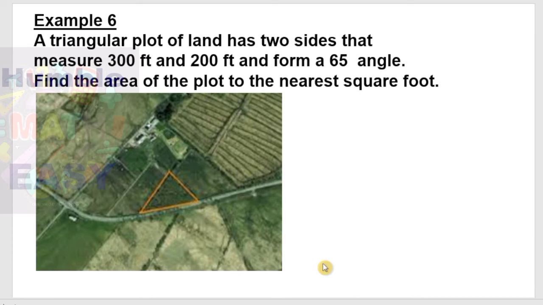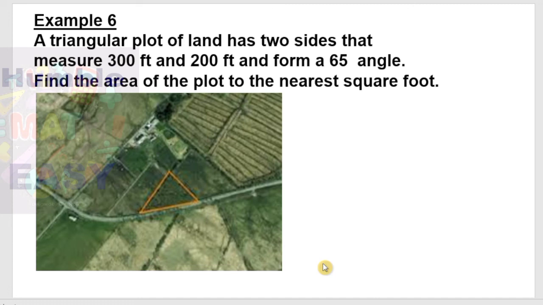Okay, another example that we have is a picture analysis, stated as a problem itself: a triangular plot of land has two sides that measure 300 feet and 200 feet and form an angle of 65 degrees. So the 300 and the 200 feet there, with the angle 65, is the included angle.